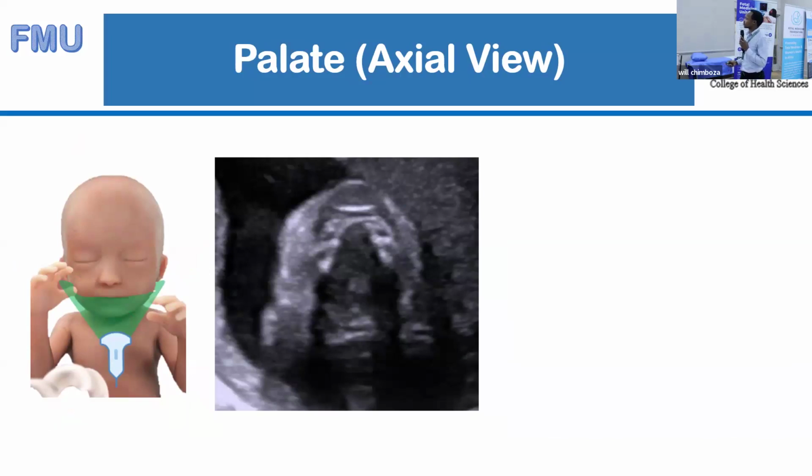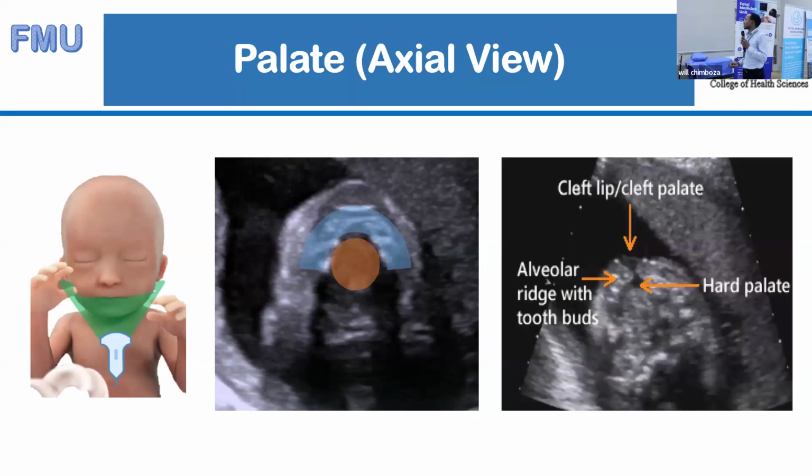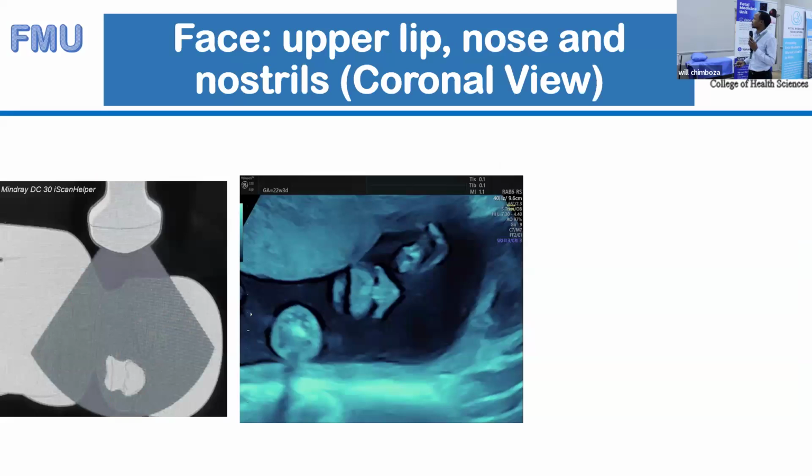And these are tooth buds. And from this image, we can then rule out any cleft palate. Then we move our probe into the coronal plane, where we see the fetal nose, the upper lip, and the lower lip, and we rule out any cleft lip.